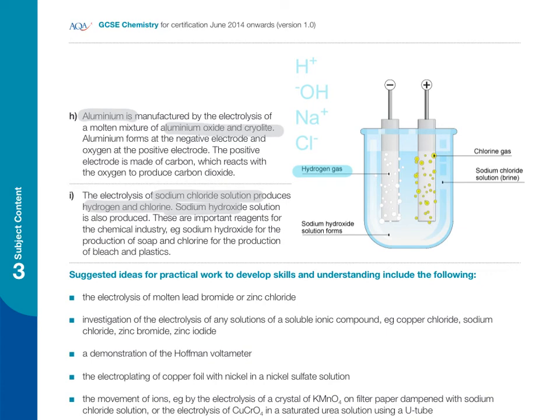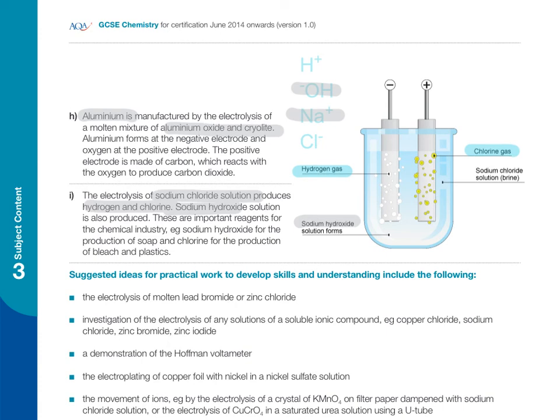The Cl- ions, the chloride ions, will be attracted to the positive anode, and here they will lose electrons, they'll be oxidized, and they will form chlorine gas, which is Cl2. That means we still have our Na+ and our OH- ions left, and that's how we form sodium hydroxide.